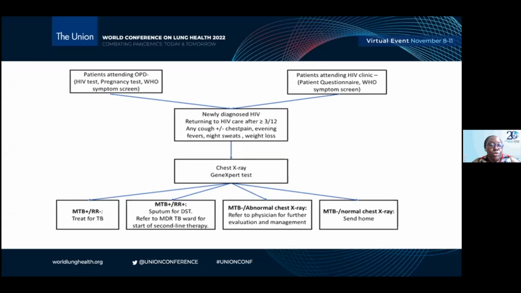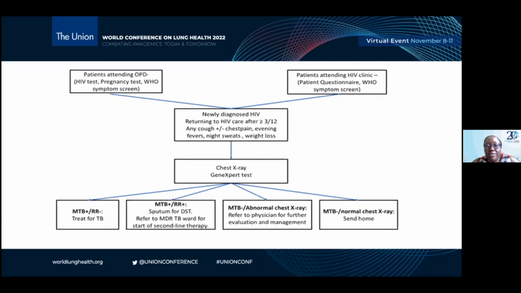Then we also had a screening in the OPD where all patients coming into the OPD were given an HIV test, a pregnancy test if they were female, and a WHO symptom screen. If they had cough of any duration, with or without chest pain, evening fevers, night sweats, then they were also given a chest X-ray and a GeneXpert test.